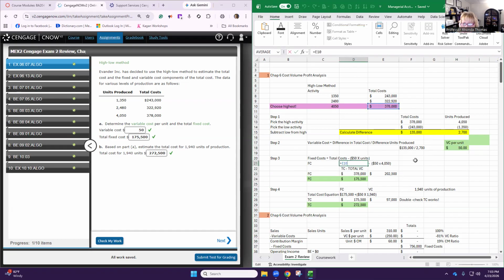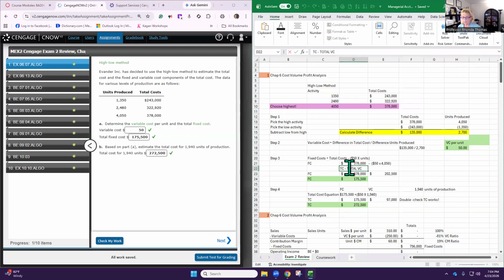So we start with the total cost of 378. If you'll just stick with your high cost all the time, you'll know what to do. Then we're going to subtract, okay, minus the variable cost of $50 per unit times the number of units that go with that cost. So 4,050. So we're going to do a subtraction here. Total cost minus total variable cost.